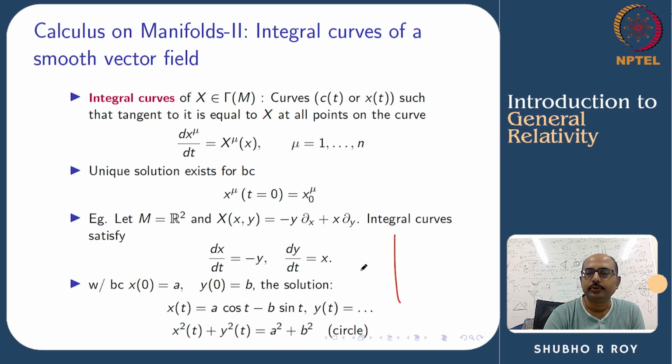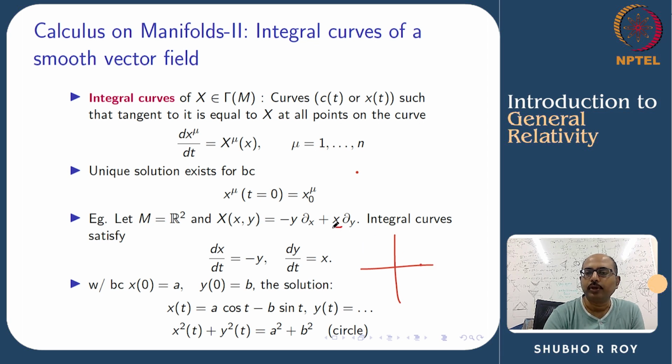So let's say at some point on the x-axis, this value is x. Let's say x is plus 1. So the x component of the vector points in the minus y direction, but on the x-axis y is 0, so it doesn't have any component along the x direction.